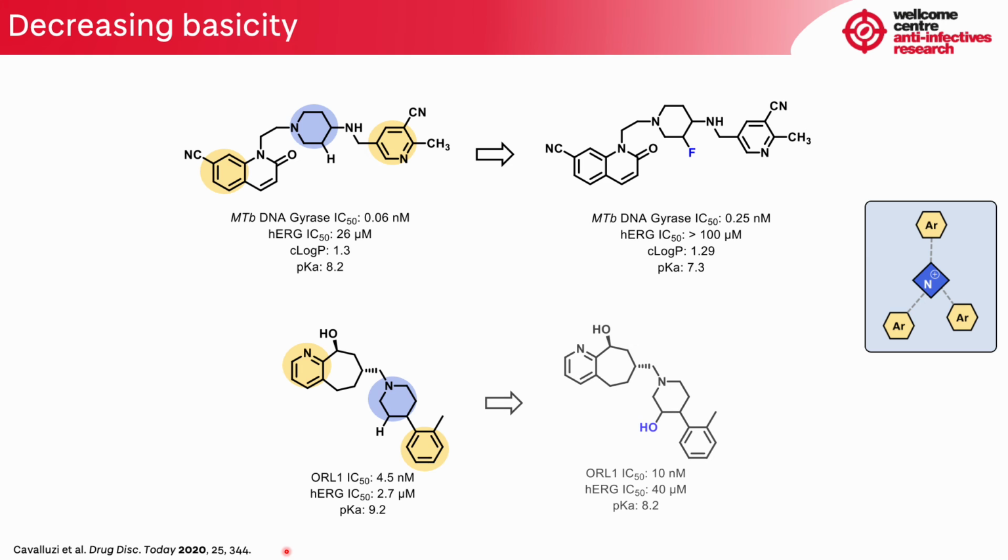In the second case, they also introduced an alcohol to reduce the basicity of this amine here. We can see again that because of the pKa reducing from 9 to 8, the potency of the drug stays at the same levels, and the hERG inhibitory activity decreases from 2 to 40 micromolar. So in the end, this is a very good strategy also to apply.